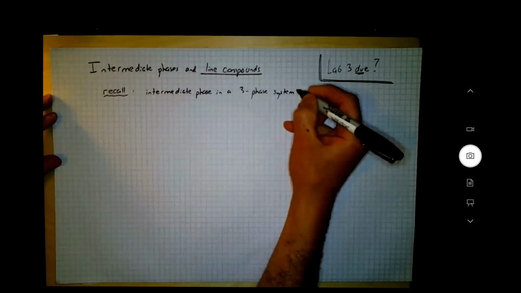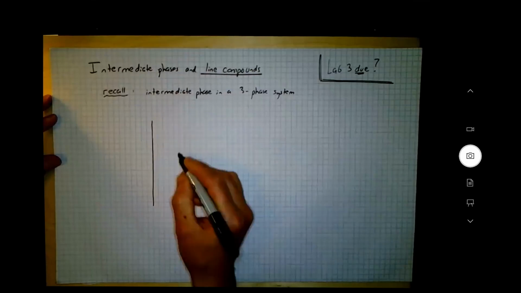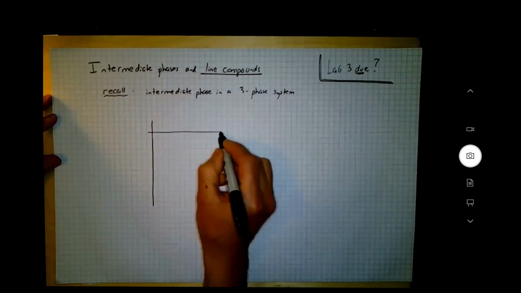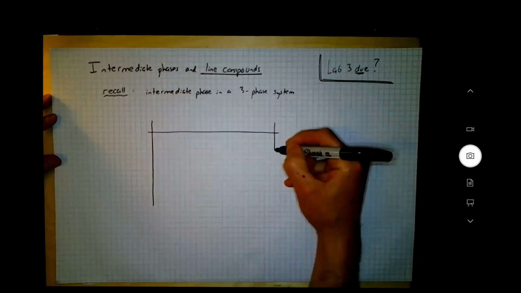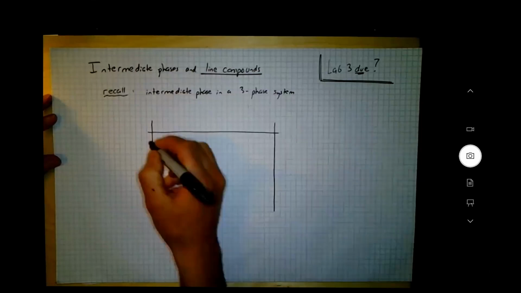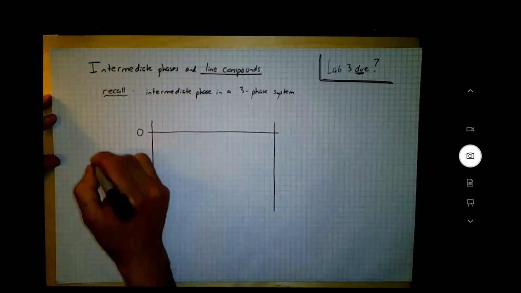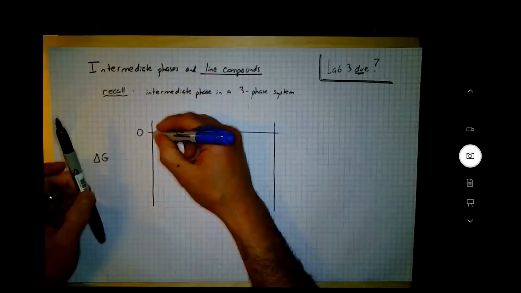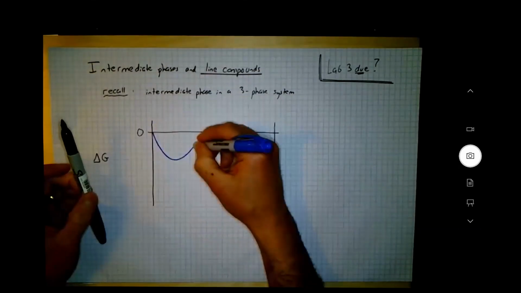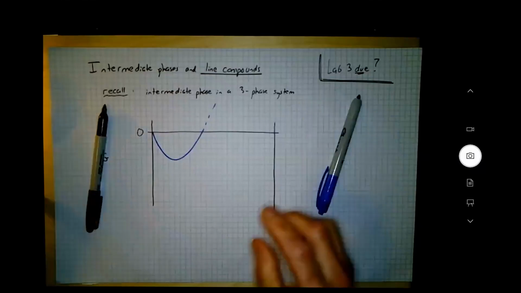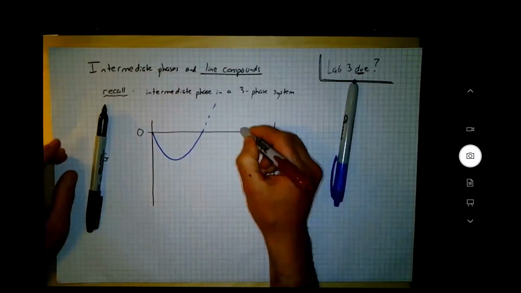I'm going to recall it visually, and we're going to remember what the free energy composition diagram looked like in such a case. It looked, let's say, like an alpha phase and the beta phase.